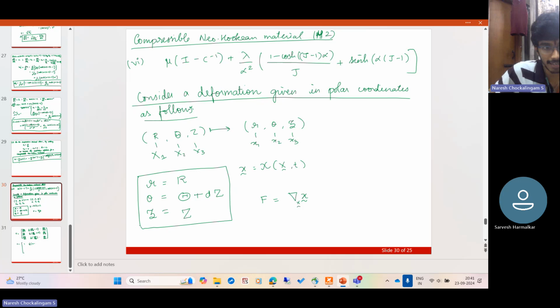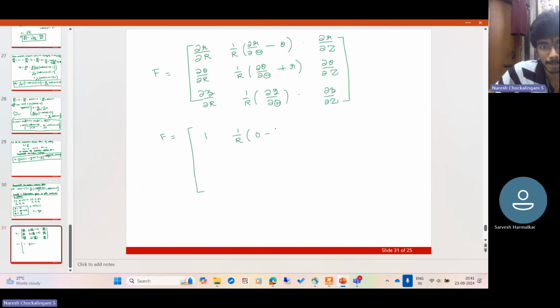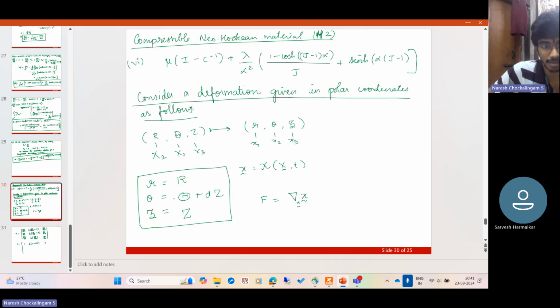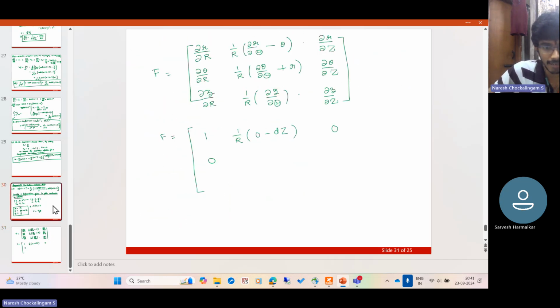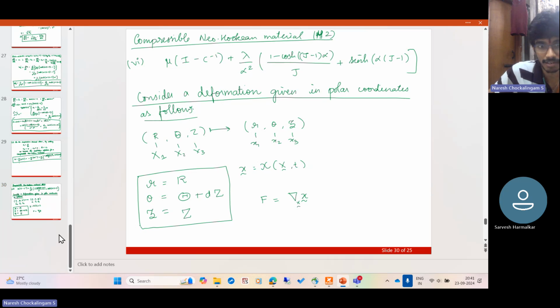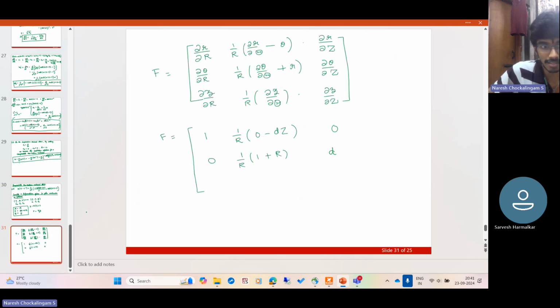Theta is d z. And r does not depend on z. Similarly, theta does not depend on r. Theta dependence on theta is just 1. So it is 1 by R, 1 plus small r. Small r is just capital R. And then dou theta with respect to z is d. And z does not depend on any of it except capital Z. So this is the deformation gradient.